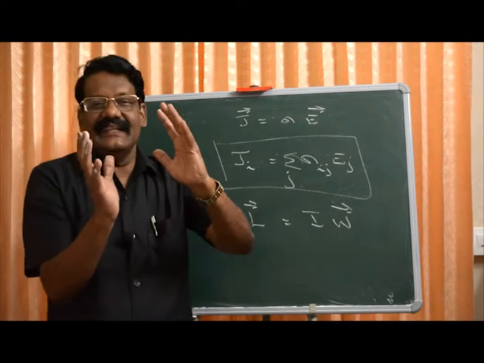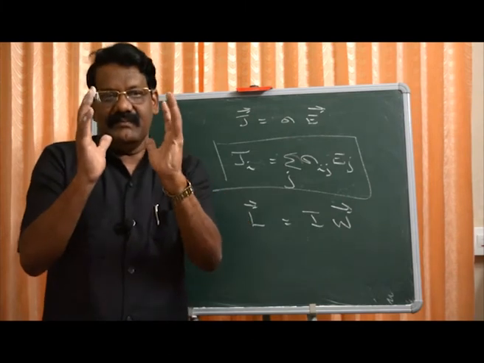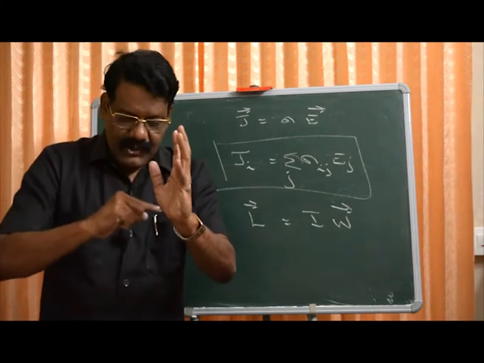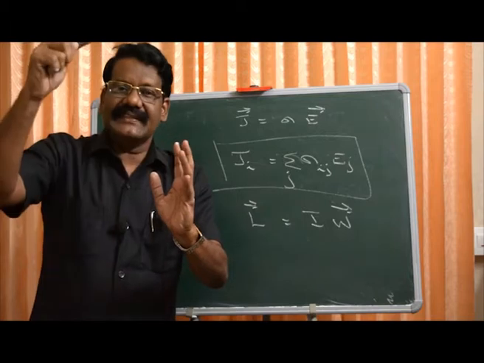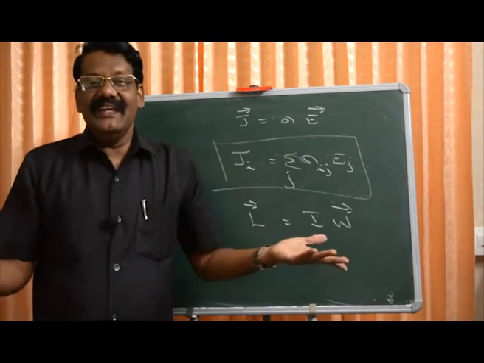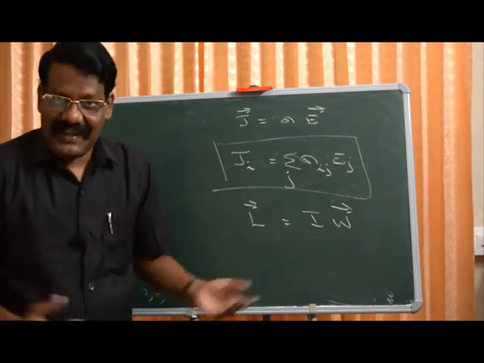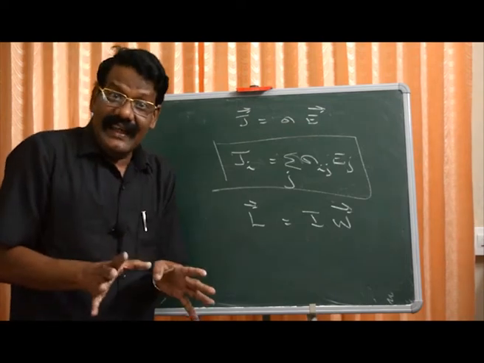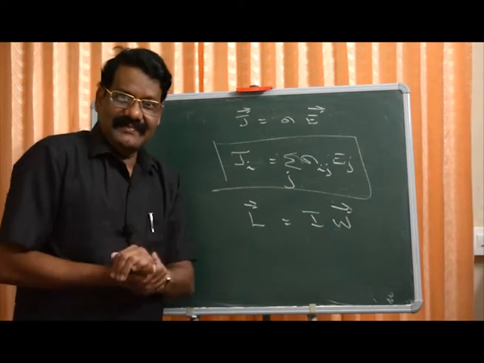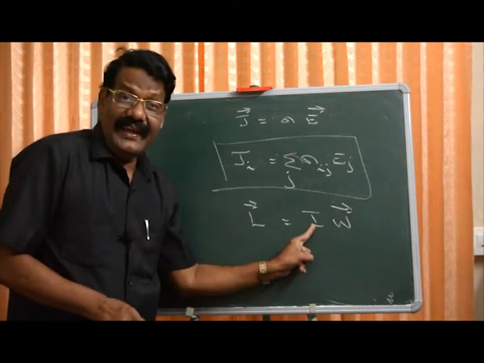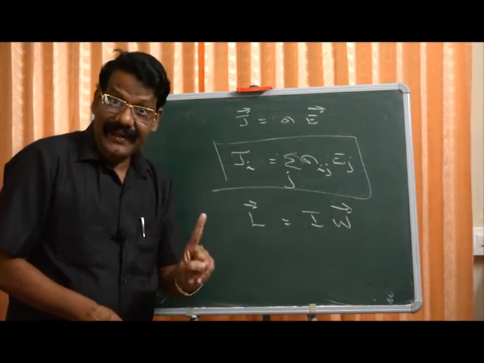Suppose the ball is inclined, a spherical ball. Suppose you take an inclined axis and rotate it. Obviously, L and omega will be different. So in general, L and omega will be different. In that context, I has to be a tensor having 9 components.